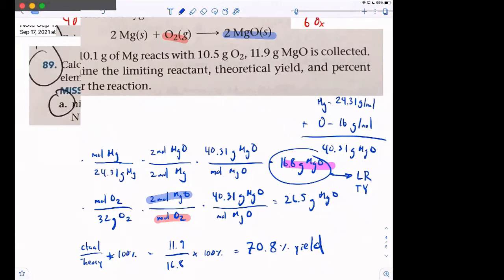All right, let me recalculate. So 10.1 divided by 24.31 times 40.31. Yeah, I see 16. How did I get 16.8 then? When you round the thousandths place to the hundredths, it becomes a 5, and then that rounds it up to the tenths.